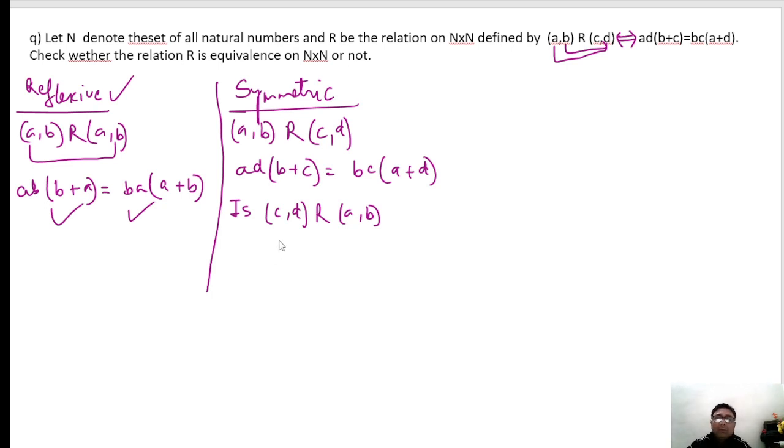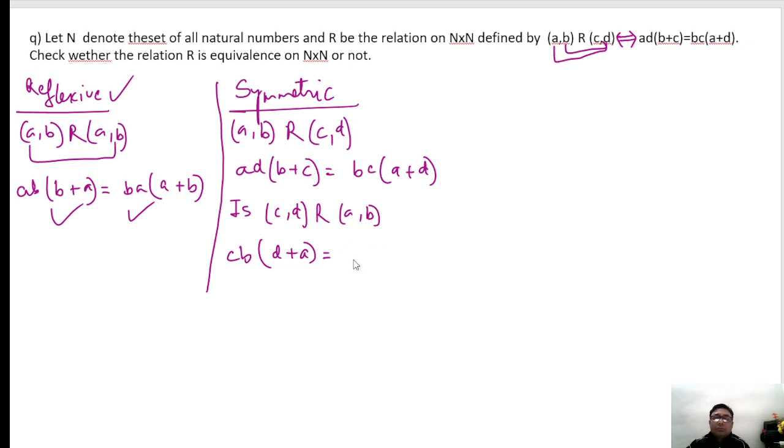A and D, that means I will take C and B. So CB, and in the bracket I will write A, D plus A. Okay, and this side I will choose what?